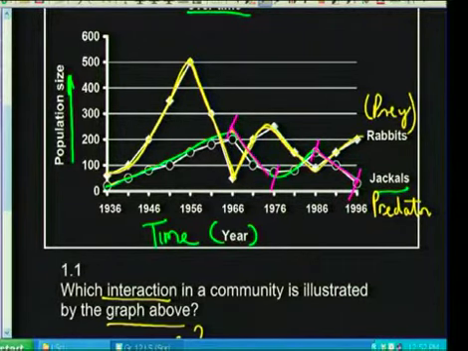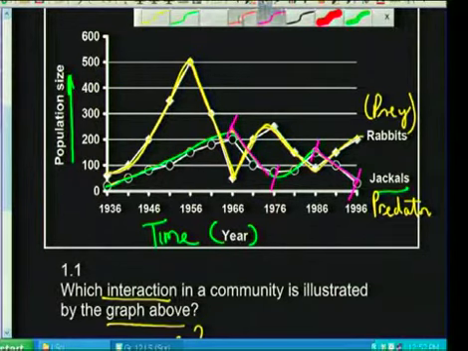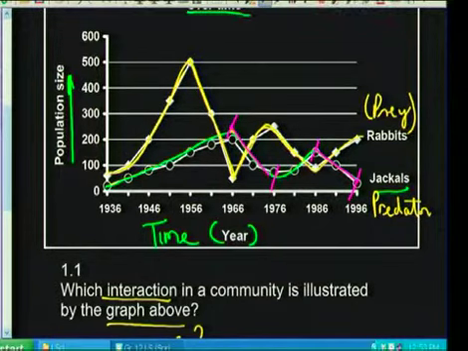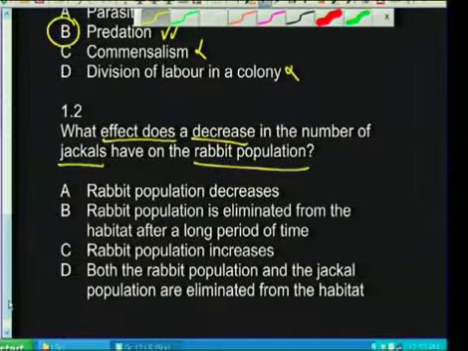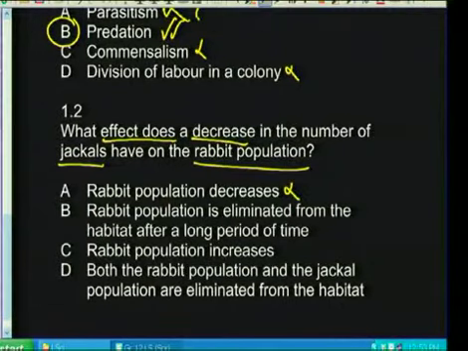The question is, what happens to the rabbit population when this relationship exists? You'll find that the rabbit population increases, and here you see a similar trend. So during a decrease in the jackal population, the rabbit population would increase. Let's see which option is most correct. A, the rabbit population decreases. That's not correct. B, the rabbit population is eliminated from the habitat after a long period of time. We don't have enough evidence to make that conclusion.